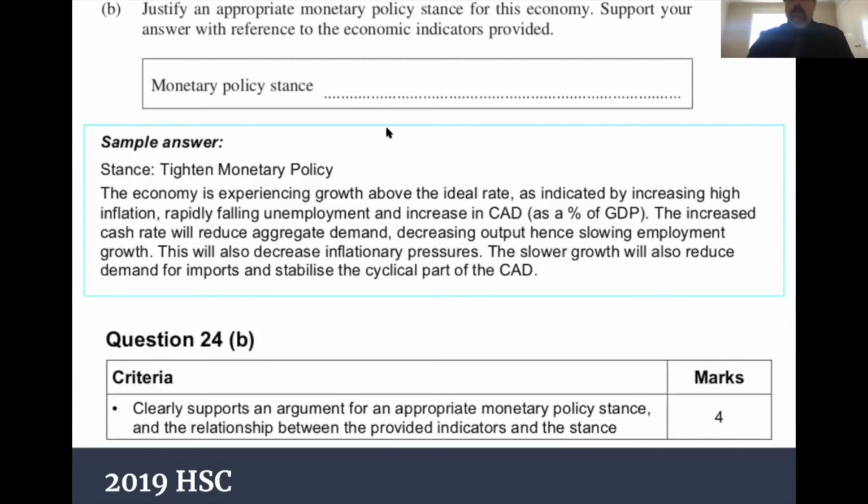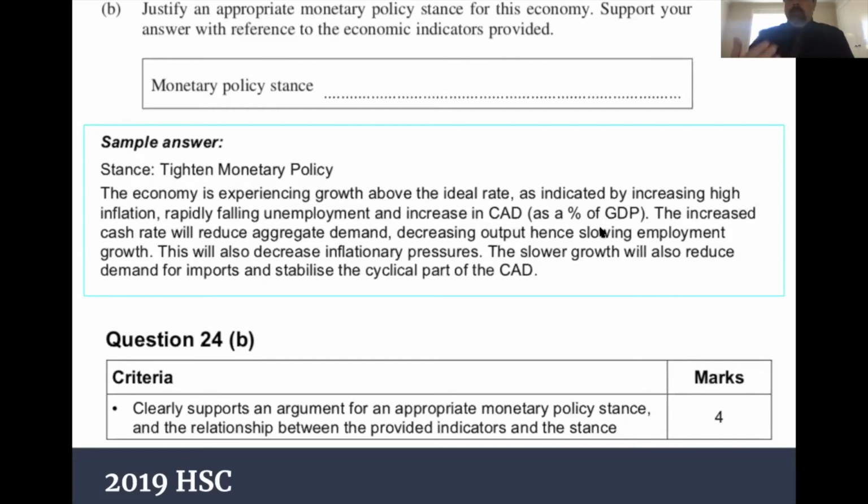So the answer, simply, it's a 4 marker, so we need some support. The economy is experiencing growth, so we're talking about the indicators first that bring about the stance. So we're justifying the tight monetary policy stance, or increase in interest rate or cash rate, because we've got high inflation, rapidly falling unemployment, and an increase in CAD as a percentage of GDP.